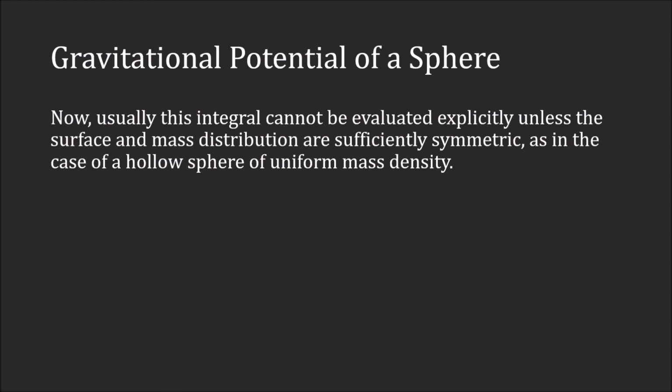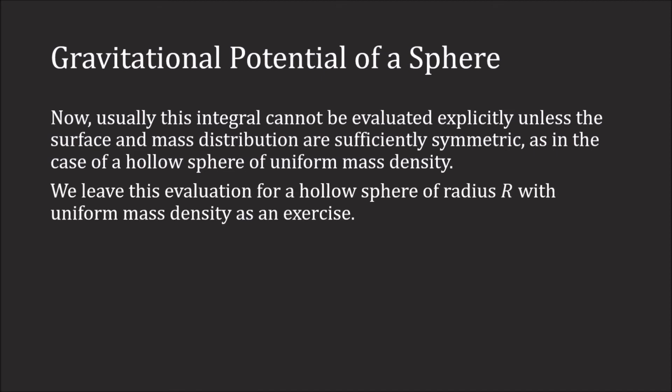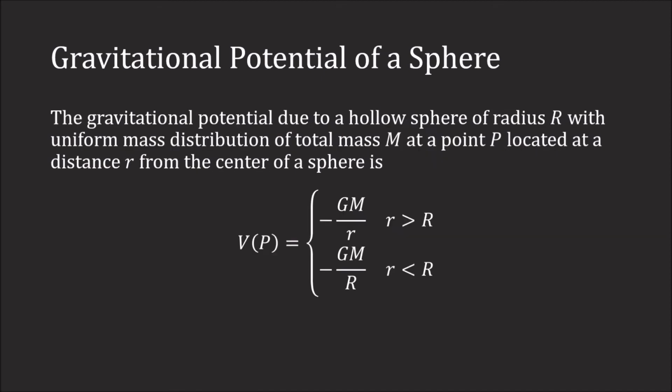We leave the actual evaluation of that integral for this case as an exercise, but this is what you should get when you evaluate it. So this is the gravitational potential of a hollow sphere.